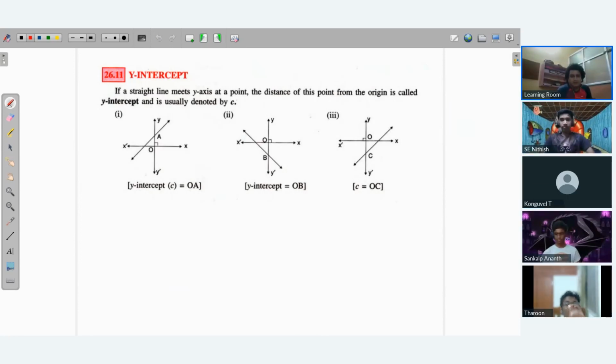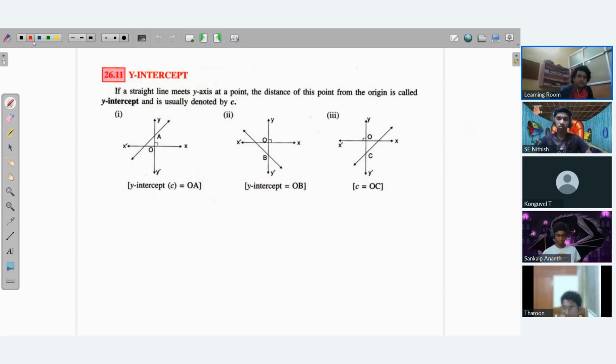In our terms, when a line is drawn on the Cartesian plane, as you saw, it will always cut the y-axis or x-axis. We are interested in the y-intercept, meaning how much portion of the y-axis from the origin is being intercepted.